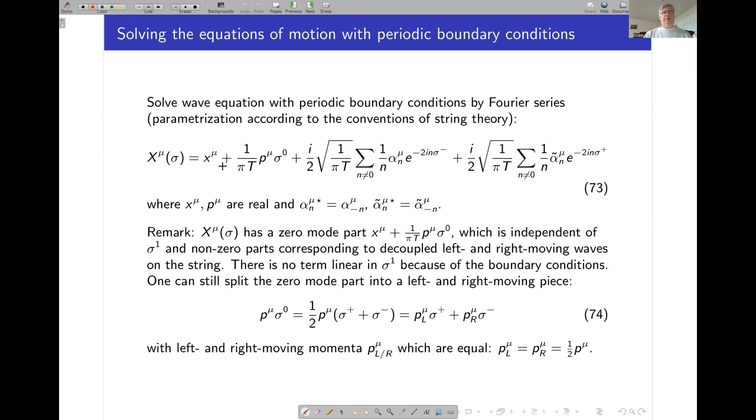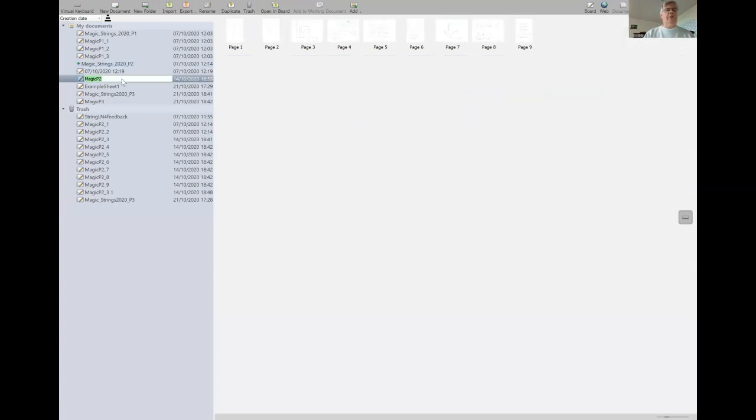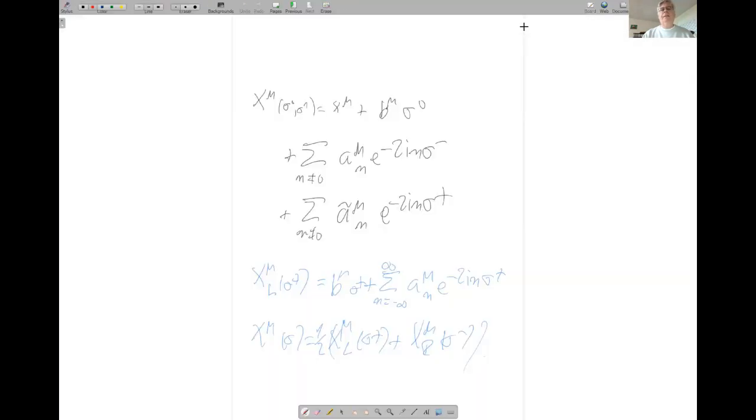And in the conventions usually used in string theory texts, that is formula 73, which looks a little bit baroque. So maybe before we look into this formula, I show you how you would normally do this in a mathematics class.